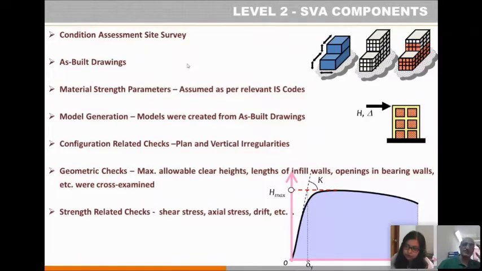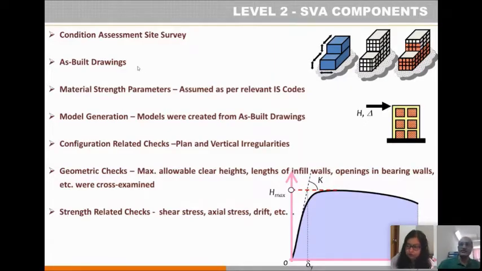The steps involved in the SVA are the condition assessment of the site, then preparing the as-built drawing, because most of the time there are deviations from the drawings which were considered for the construction, and after the construction is completed, it is better that we compare both the drawings properly.